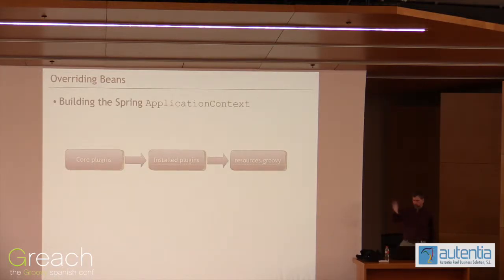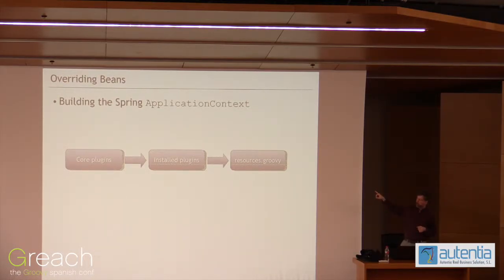Very simplistically, when Grails is building up the application context, the core Grails plugins contribute their beans. Then your plugins run, typically after the Grails plugins do, but you can change that around a little bit. At every step of the chain, if you find a bean with the same name as a previously defined bean, the old one goes away and yours wins.